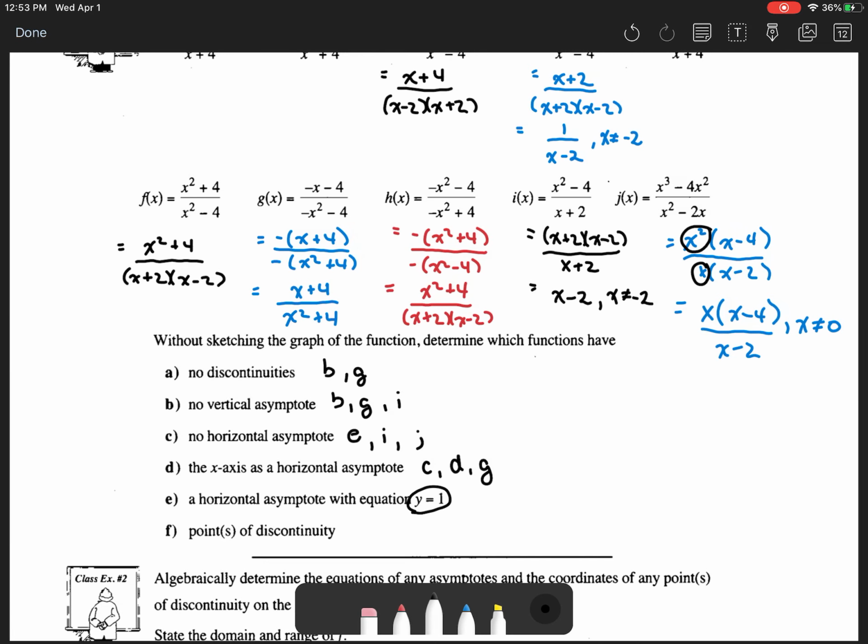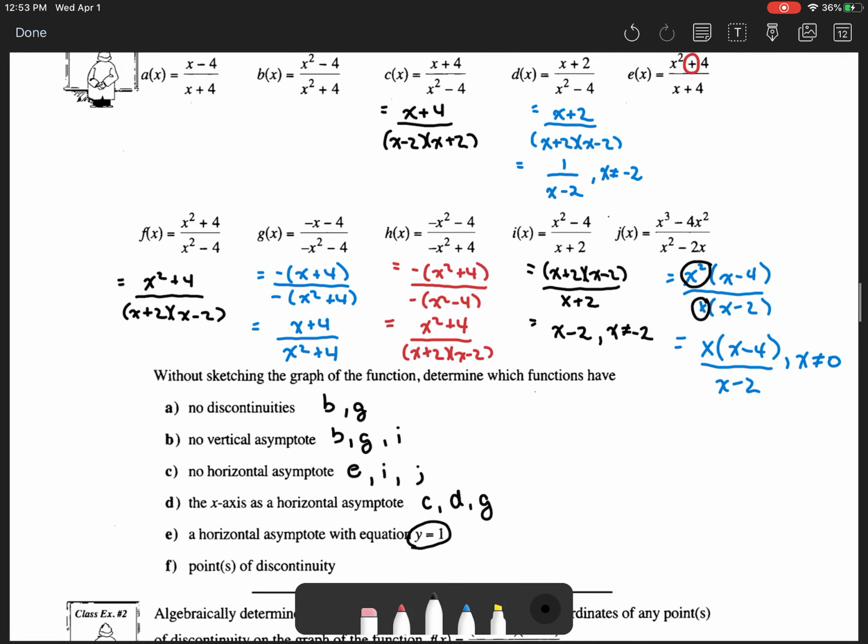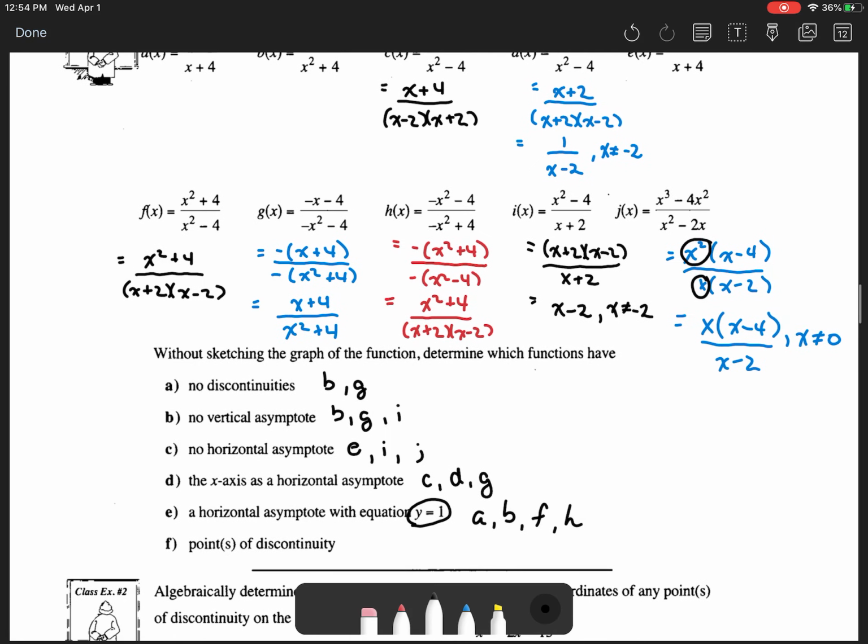So that is going to be a, because they're the same degree, leading coefficients are 1 over 1. b as well, both degree 2, and the leading coefficients are 1. f, you can see they're both degree 2. And in h, so those four will all have horizontal asymptotes that have an equation of y equal to 1.